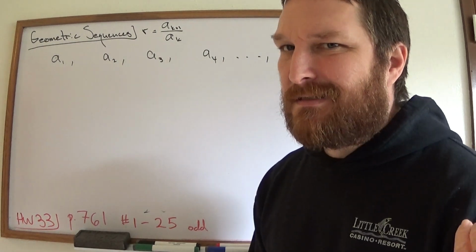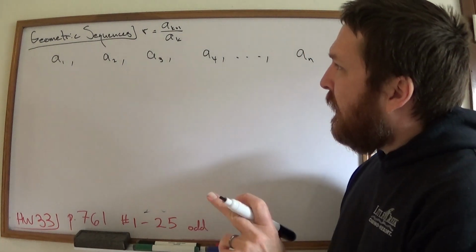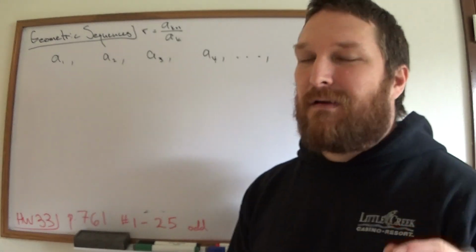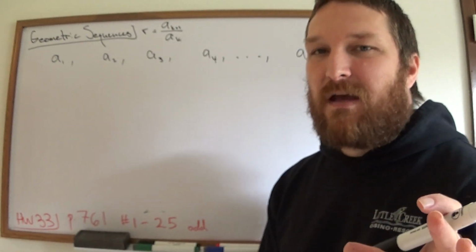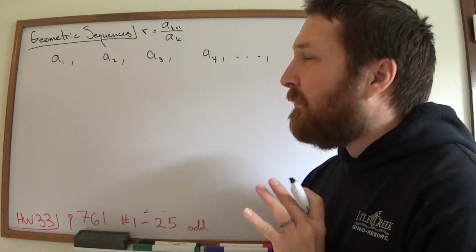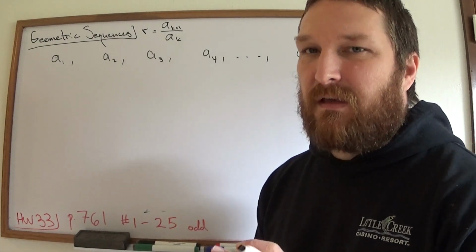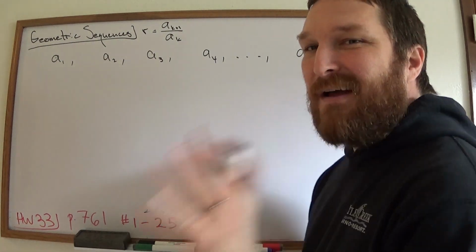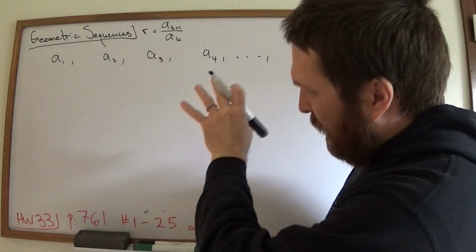I like to think about it as distance, but here we're using R for ratio. I'm going to apologize in advance, because in a little bit I'm going to change it from R to something else, and I think it's worth it. But for right now, we're going to use R.